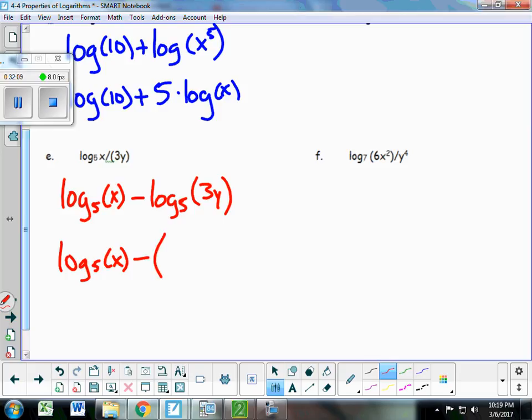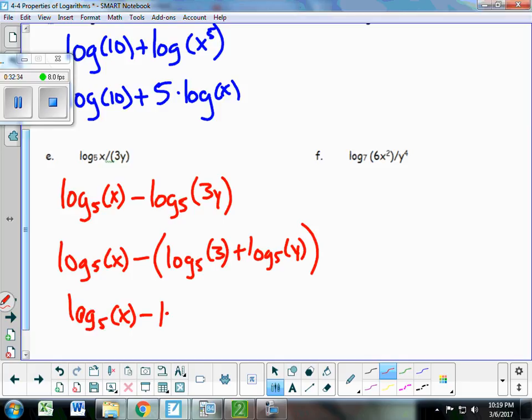So we're subtracting, in parentheses, log base 5 of 3 plus log base 5 of y. And then, if we don't want those parentheses, we can distribute that negative. And then that would be log base 5 of x minus log base 5 of 3 minus log base 5 of y.